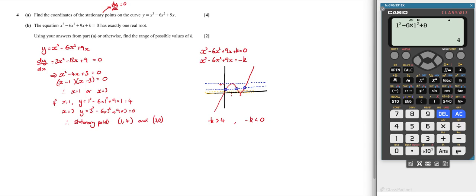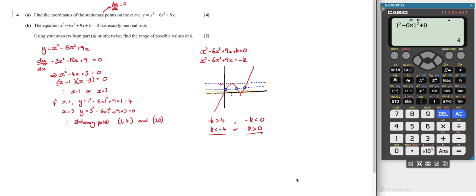Well, we don't want minus k, we want k, so if I divide by minus 1, I'm going to flip the signs round. So I've got k is less than minus 4, or k is greater than 0. And those are the 2 solutions I've got for 2 marks.